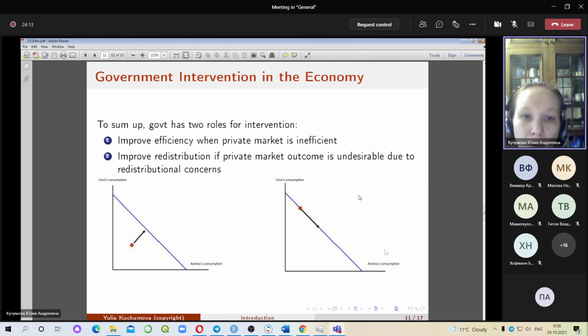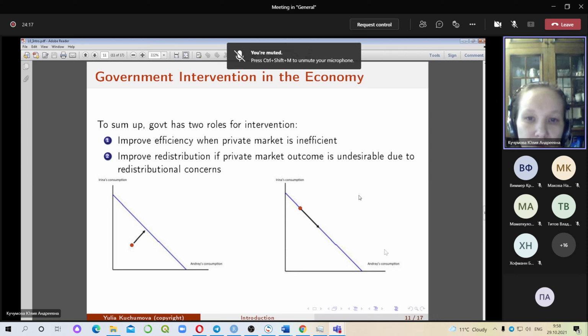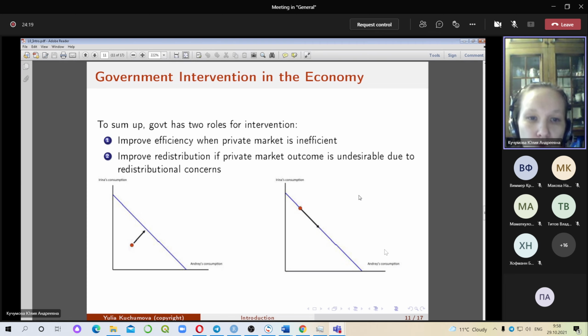So to sum up, the government has two roles for intervention. First, to improve efficiency when the private market is inefficient. Second, to improve redistribution when the private market outcome is undesirable due to redistribution concerns. I have two simple illustrations of those statements.